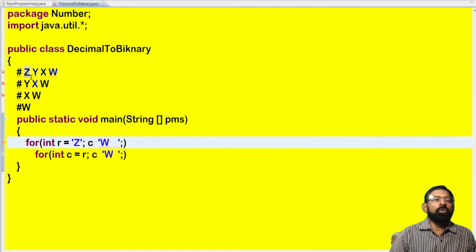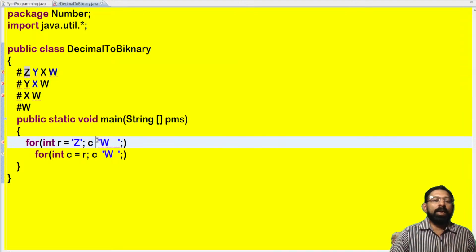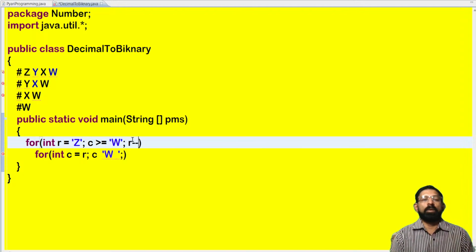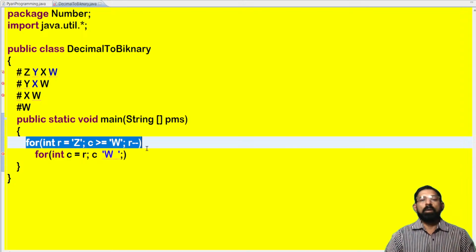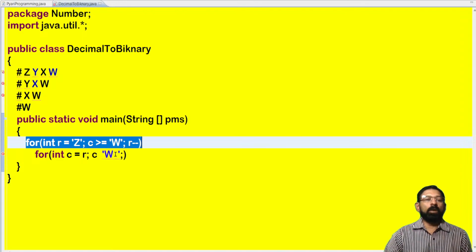Now from Z, where is it coming to? From Z it is coming to W. So Z is the bigger value, so greater than or equal to W. And then after that Z to W I will come, so in reverse order. So what I will do, Z to W, R minus minus. Understood everyone? Then we'll go for the inner one.